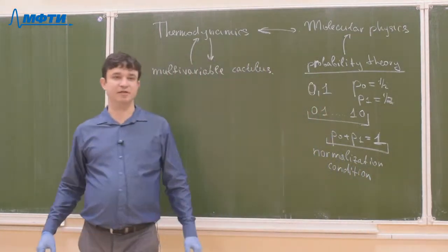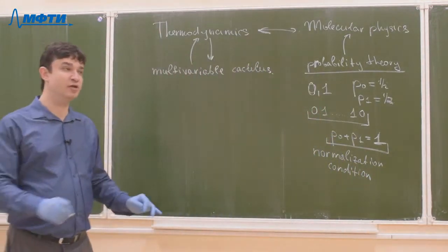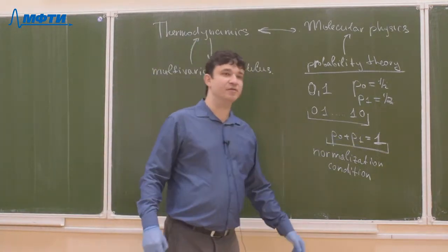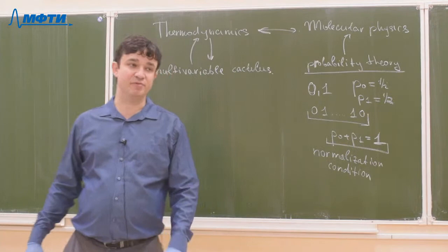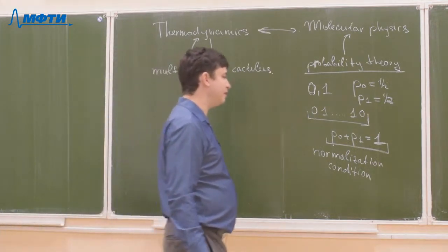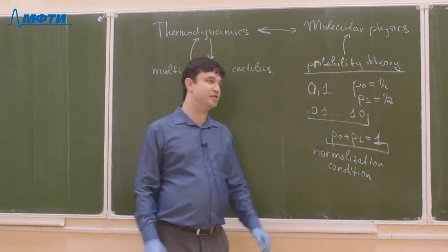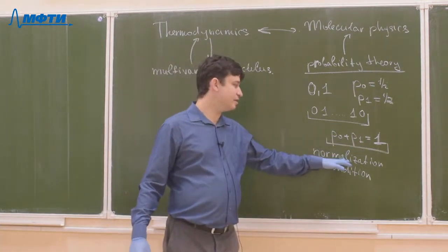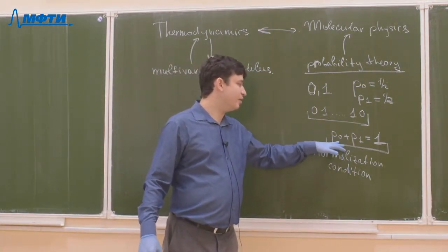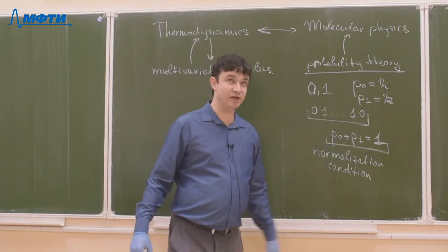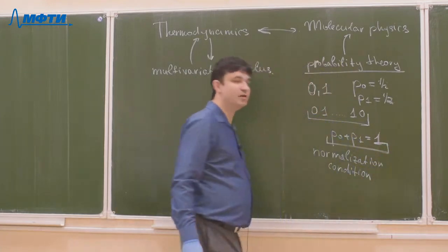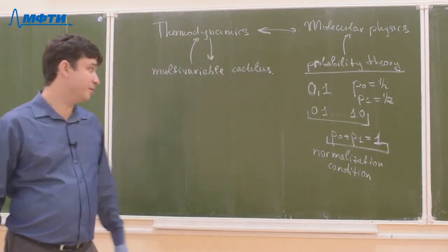Or you can say that if you introduce some quantities which you will further call probabilities, then you should design them in such a way that the sum of the probabilities of all possible events in your system should be equal to 1. So in this way, this probability distribution can be called normalized. This is one of the most important properties of any probability function.